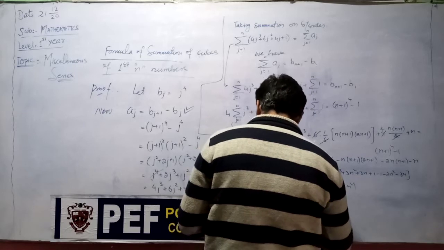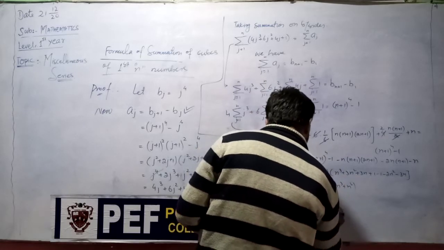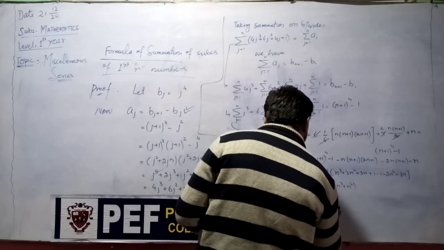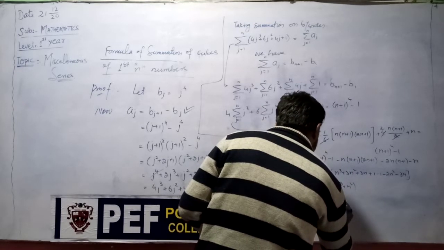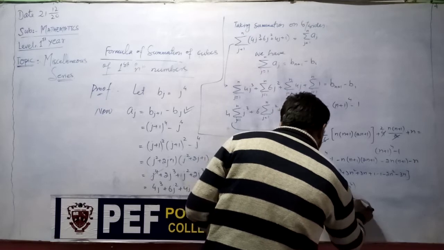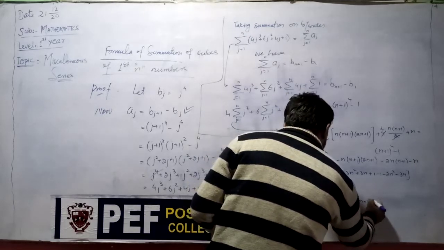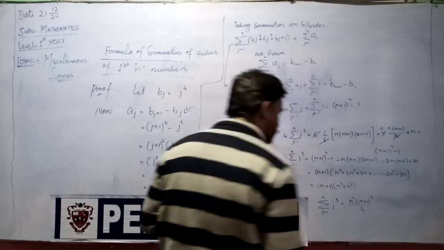Lastly, we get that the summation of j cubed, j varies from 1 to n, with 4 shifted to this side, is n square into (n plus 1) whole square divided by 4.